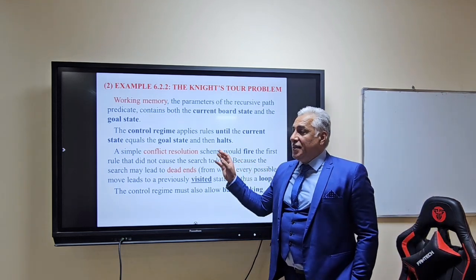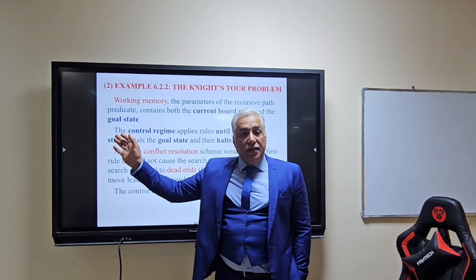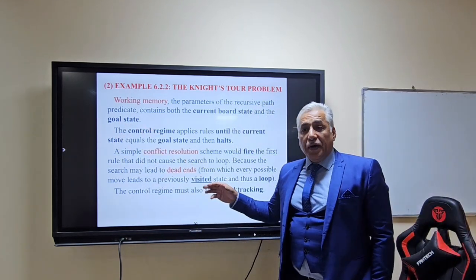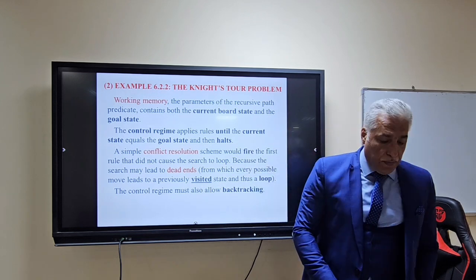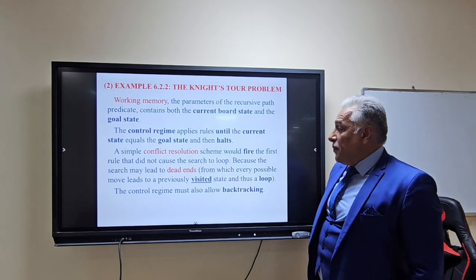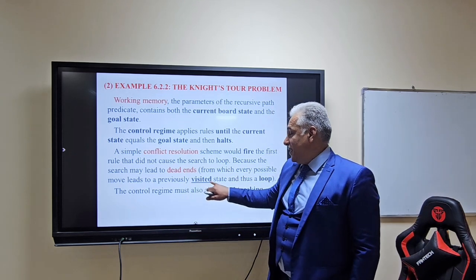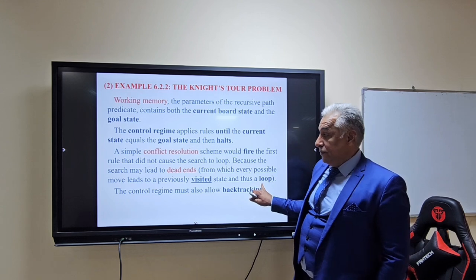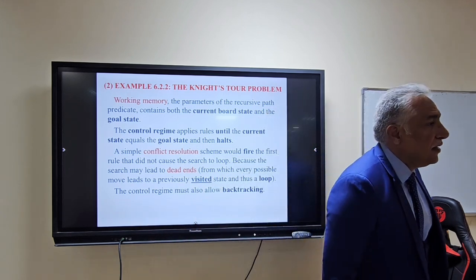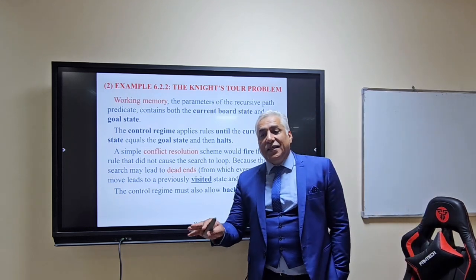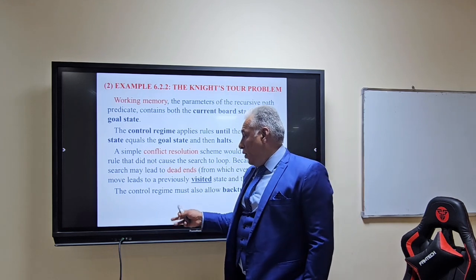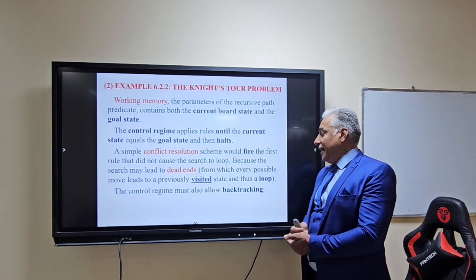Here we will use the working memory to guarantee not reaching looping operations or getting stuck in a loop. When a particular state was visited, it will be prevented from selection, that is, not fired. The control regime must also allow backtracking.